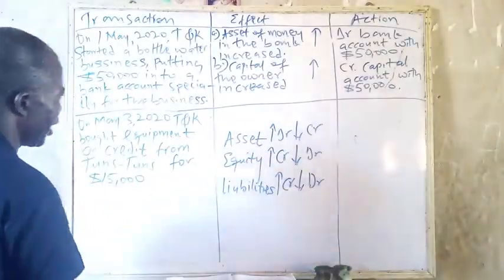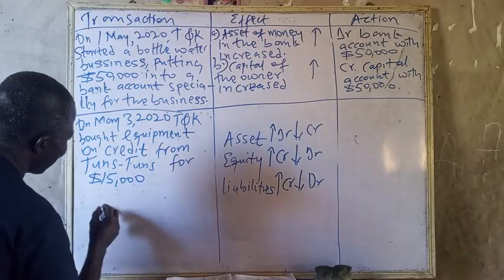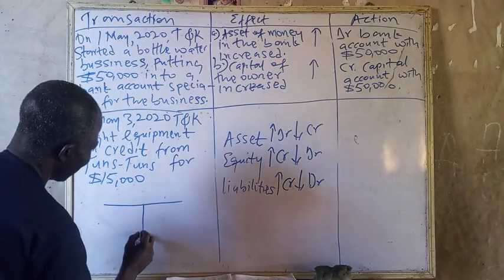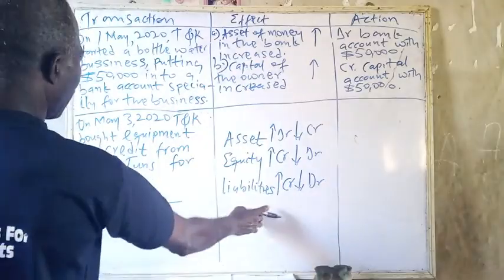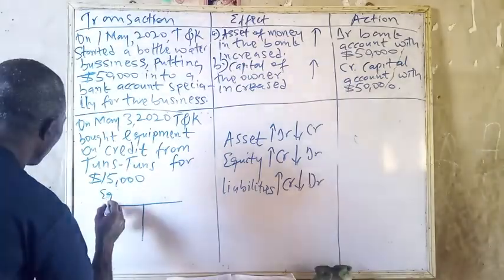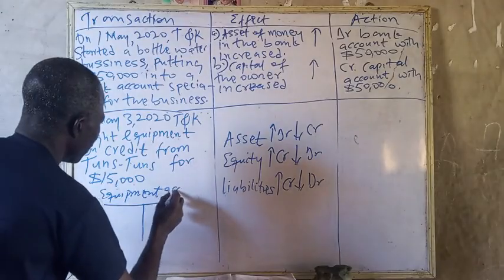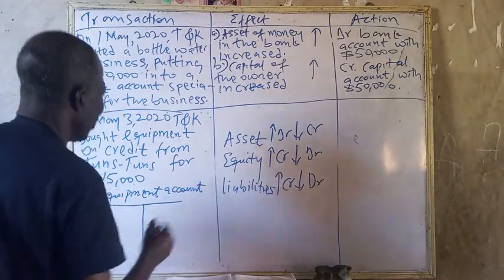And let me demonstrate as I did before. This is the asset account. I put the second one because there's no space here. The asset account is going to be equipment account.